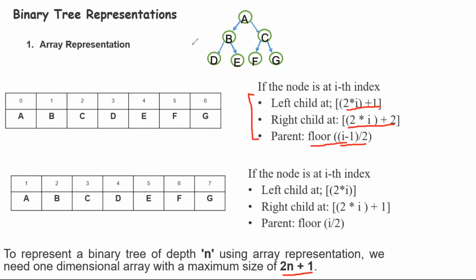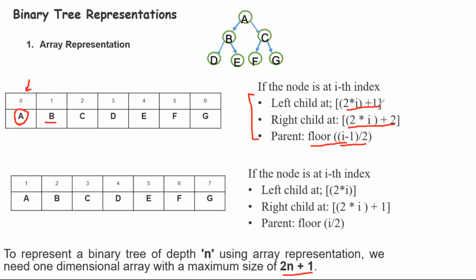Here, if we take node A, the root, if the index starts from 0, according to this formula, left child is at position 2 multiplied by 0, 0 plus 1. This is the left child.